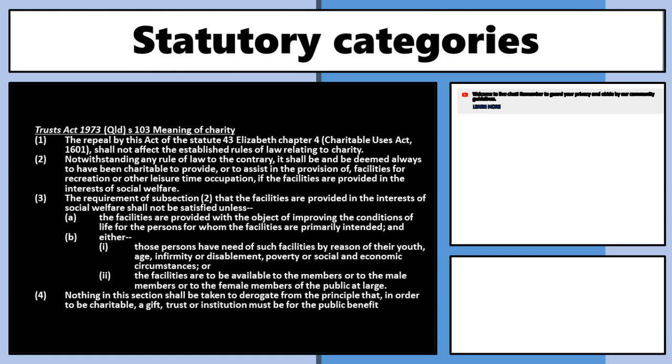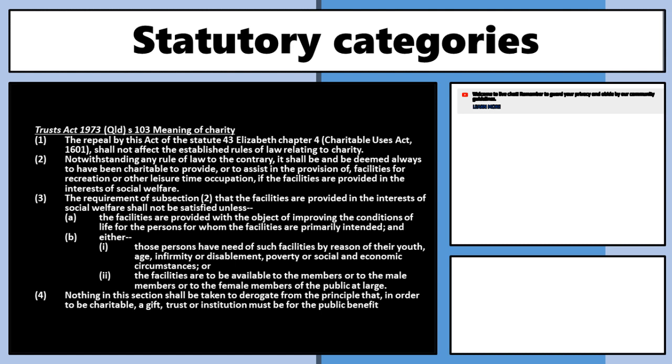All right, the stat cat adds this fifth one. Again, it does have a public benefit test. Where are we there?